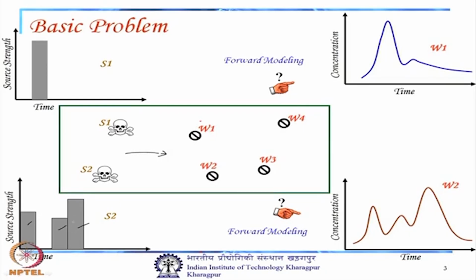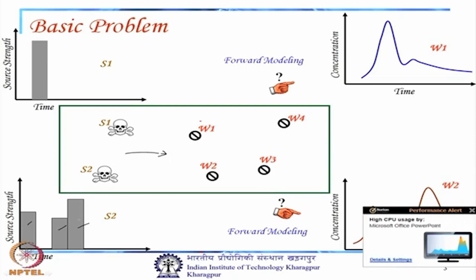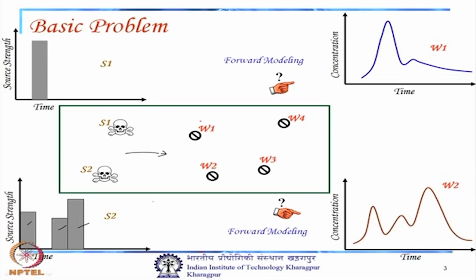That is, it is also important to find out the activity period. So three things are important here: source location, source strength, and activity period. These 3 points are the most important things.